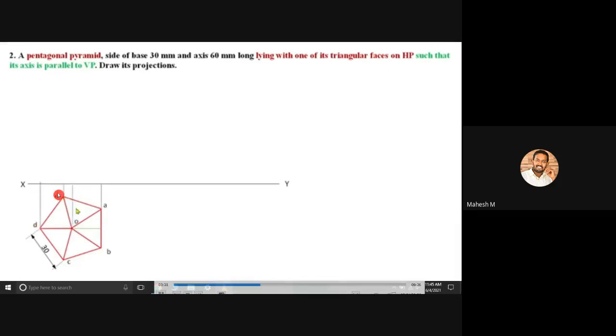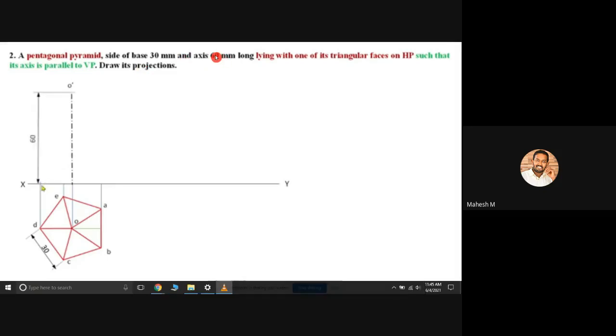One is from D, another from E, and another from O. O and E will have some distance. And you can project A also. So this axis height should be 60 mm. You can mark O dash exactly at the top point. Then connect this point with D dash and this point with A dash.